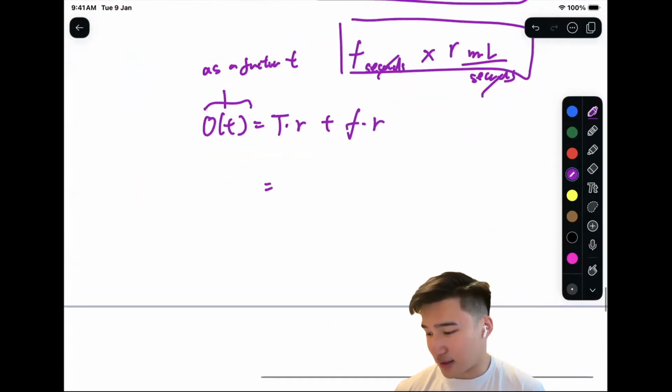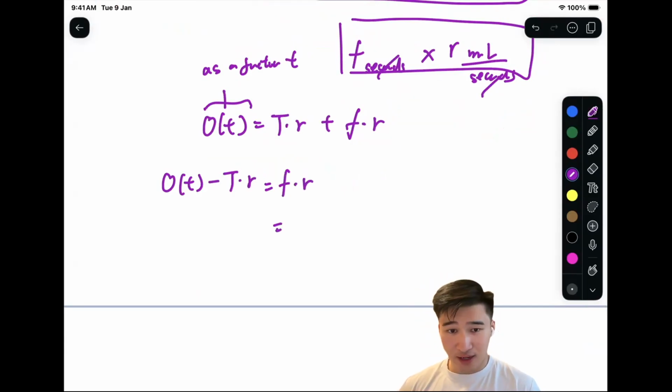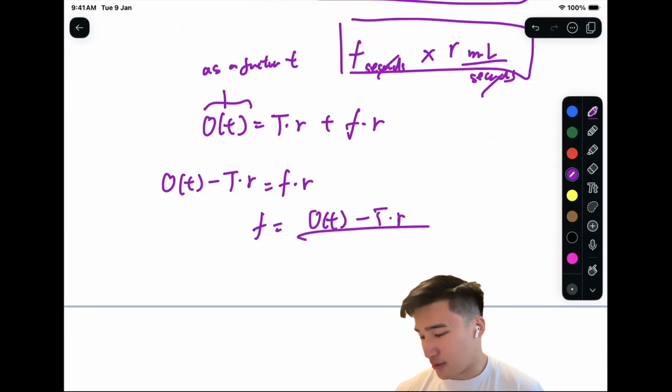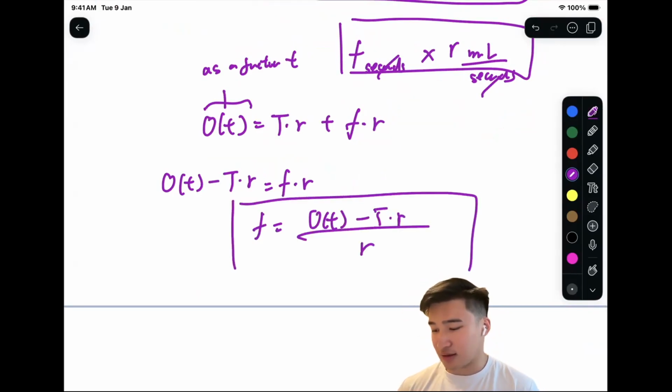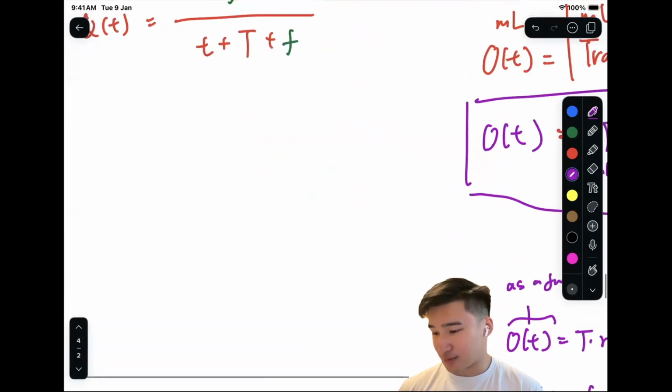Then we get OT minus our TR equals our FR. And then to find F, all we gotta do is move R to the other side. So OT minus T times R over R. So this is our formula for F.